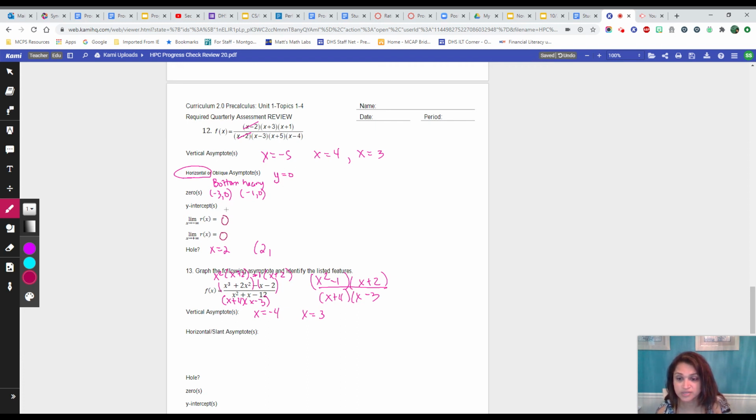Your y-intercept is where x equals 0. So this is in factored form. You're actually going to have to put those zeros in. So I have 0 plus 3 is 3, and then 0 plus 1 is 1 over 0 minus 3 is negative 3, and then 0 plus 5 is 5, and then 0 minus 4 is negative 4.